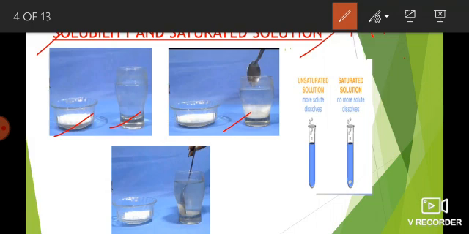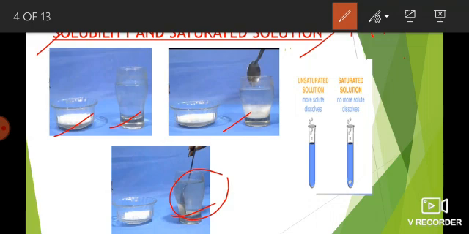Then after some time we will observe that after adding a particular spoon of sugar, no more sugar is dissolving in this given volume of water. As you can see in this picture, no sugar is dissolving in this half glass of water. This means the maximum amount of sugar that could be dissolved in this half glass of water has been added to it.